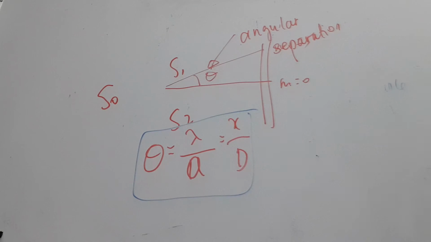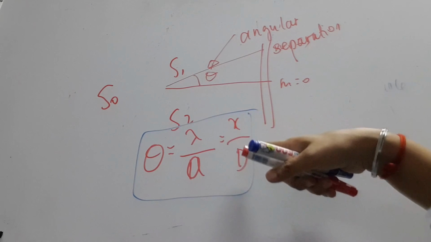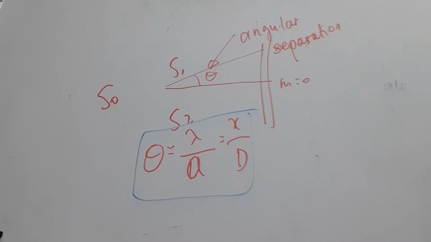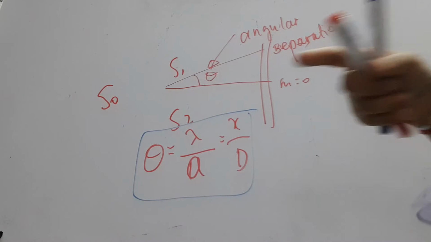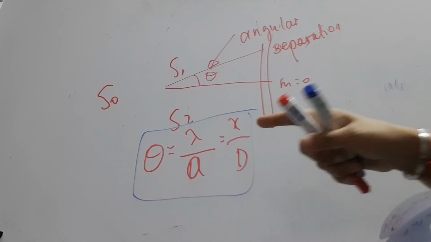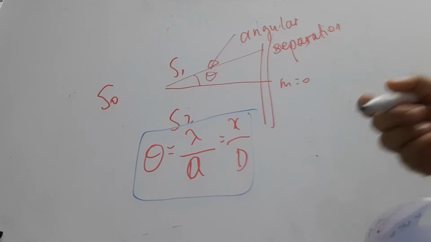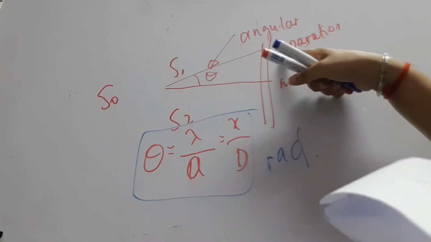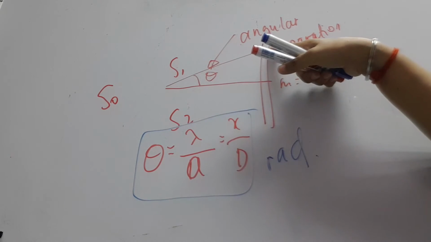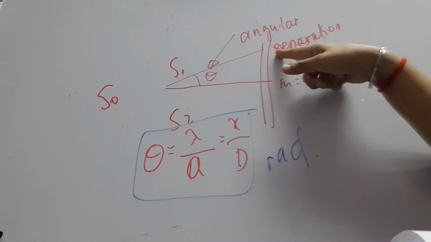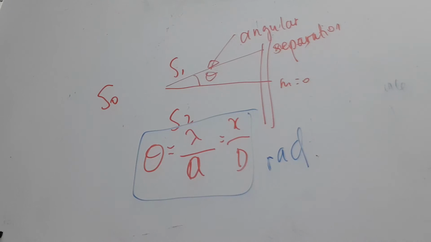If they ask you what the angular separation is, it is lambda over a equals x over d, and the unit here will be radian. Over here, the angle up to here will be m equals 1, so it is more appropriate to take it as m equals 1. So you can find lambda over a equals x over d.